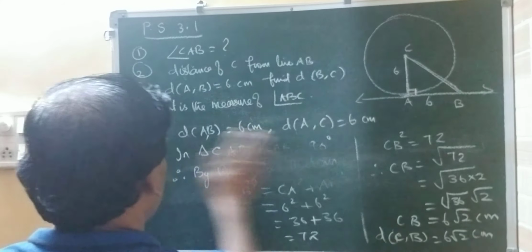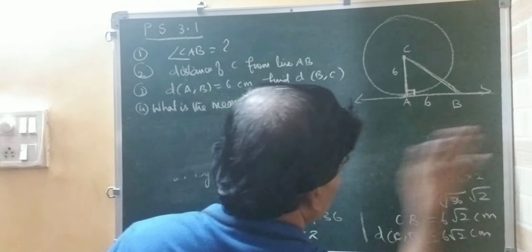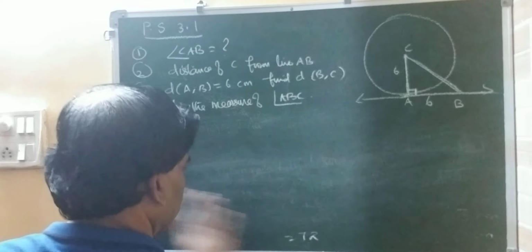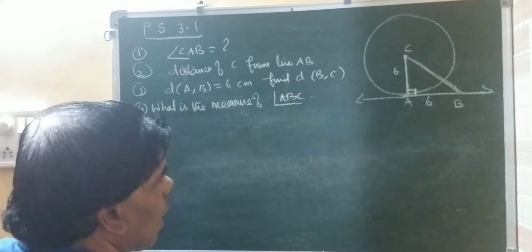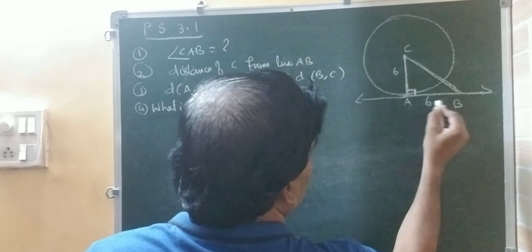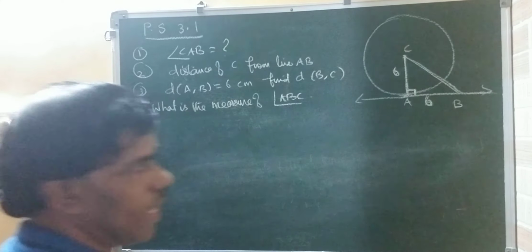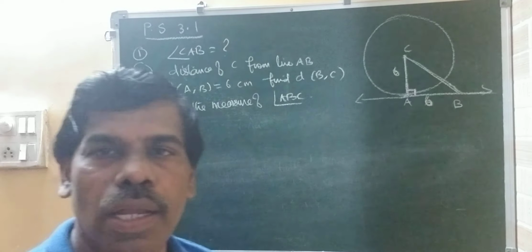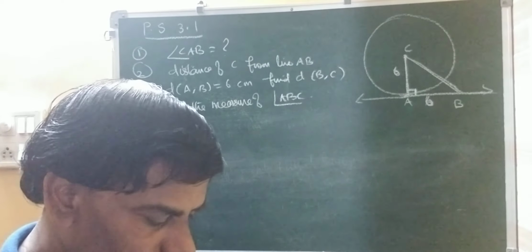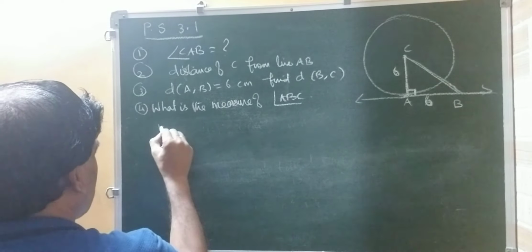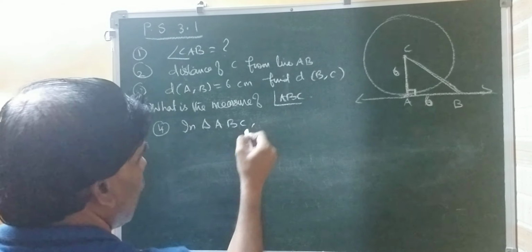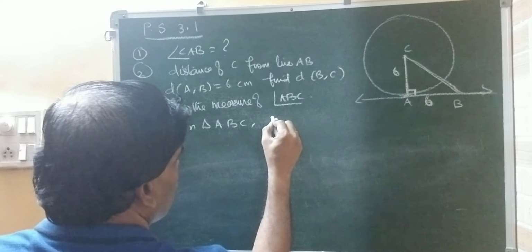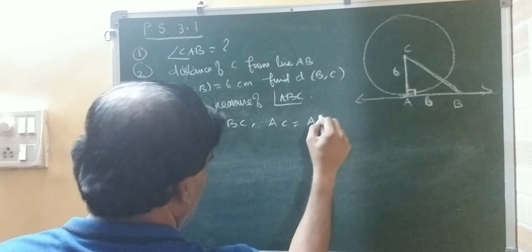Now, fourth one. This is very, very important. Now, listen very carefully. This also 6, this also 6. In a triangle, two sides are equal. Therefore, what type of triangle is it? In triangle ABC, AC equal to AB.